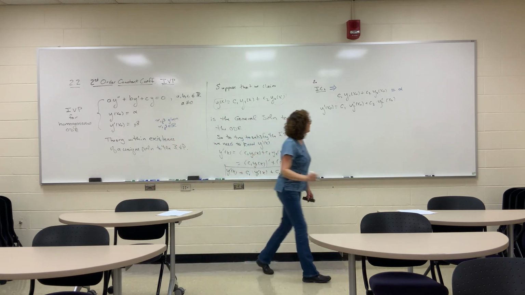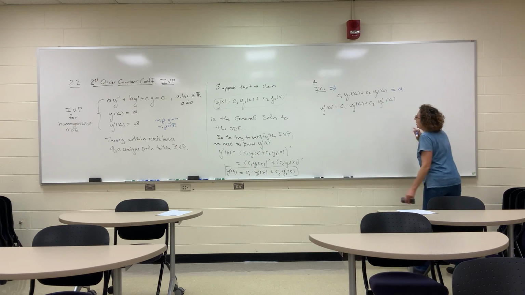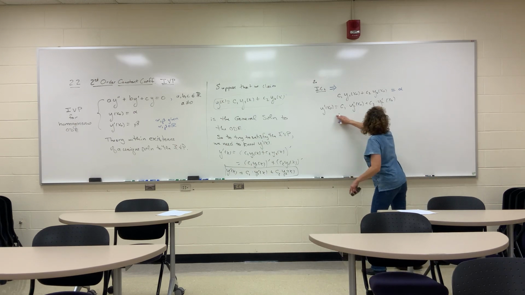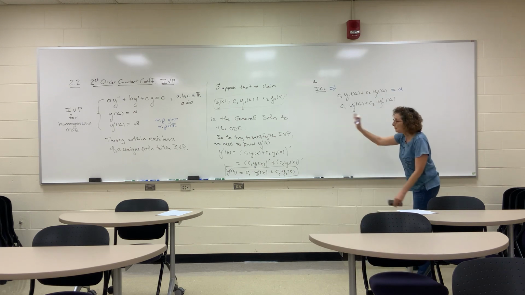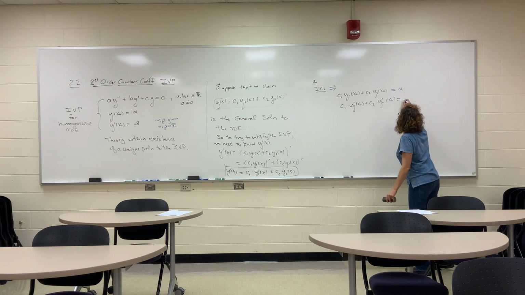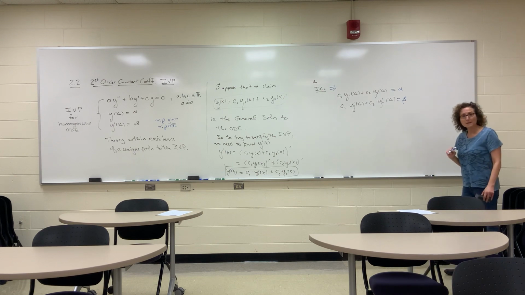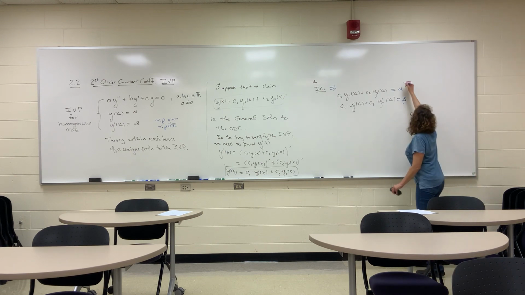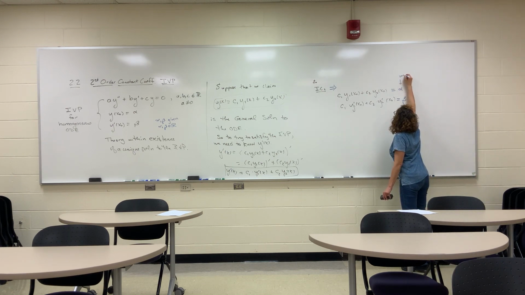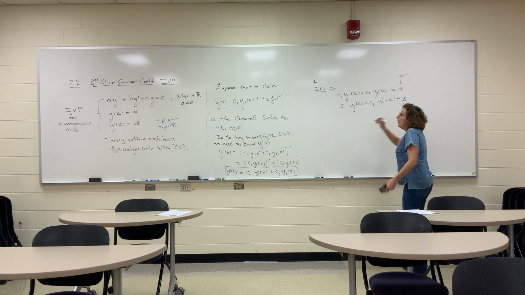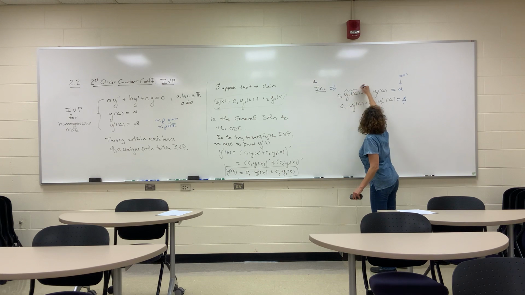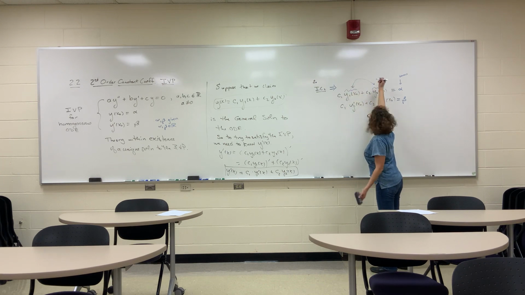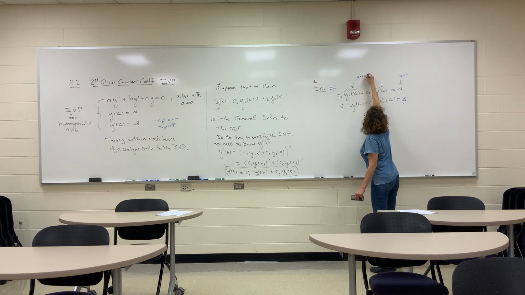And then what about y prime at x naught? What do we want y prime of x naught to be by the initial conditions? We want that to be beta. So these two are known. y1 and y2 are known, so evaluating y1 and y2 at a particular value, x naught, gives known numbers.